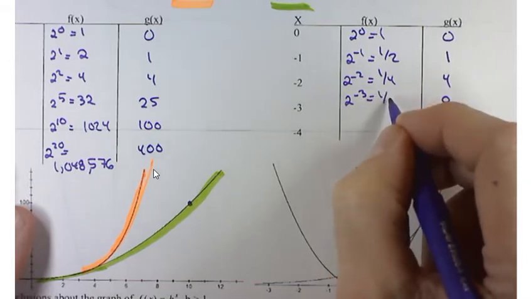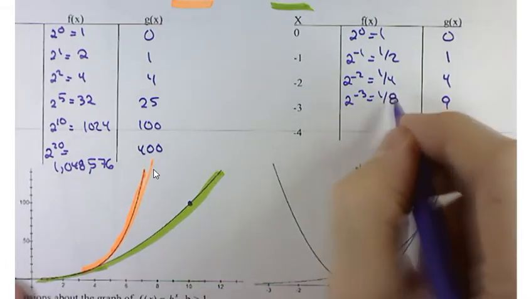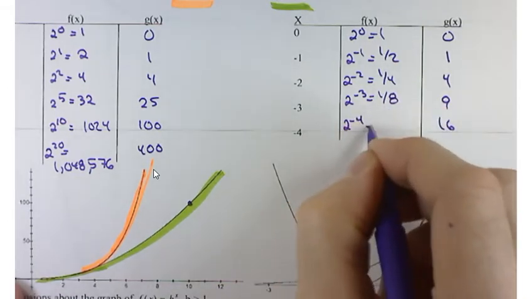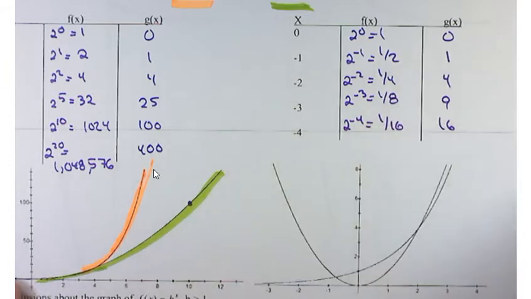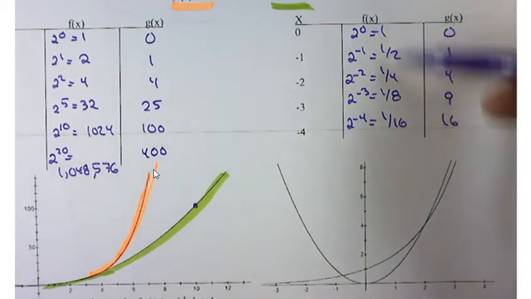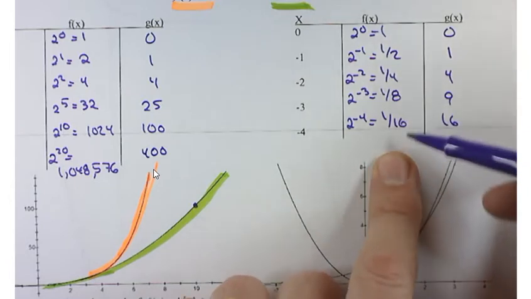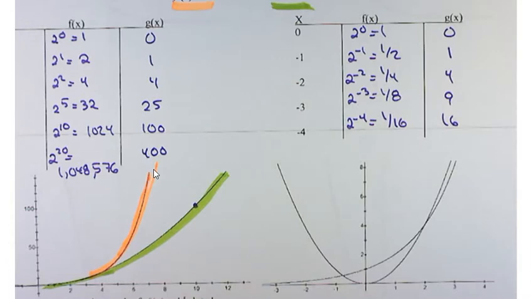Not quite. 2 times 2, 2. 1 over 2 cubed. Yeah, 2 cubed is 8. And the last one, 2 to the negative fourth, is 1 over 16. Yeah. So, wow. What's the pattern with these numbers? What are they all getting closer and closer to, but they'll never actually touch? 0. So you're getting close to, but never quite touching 0.